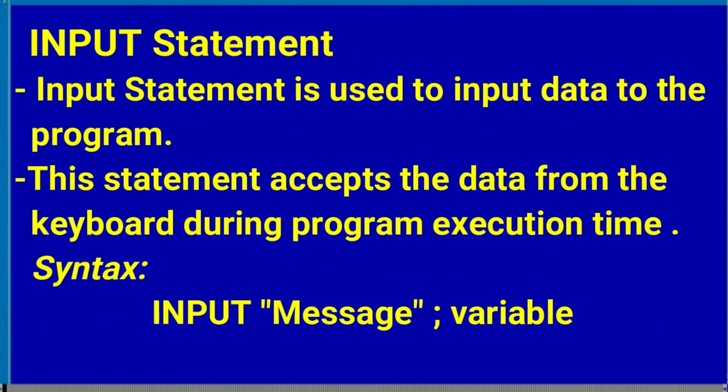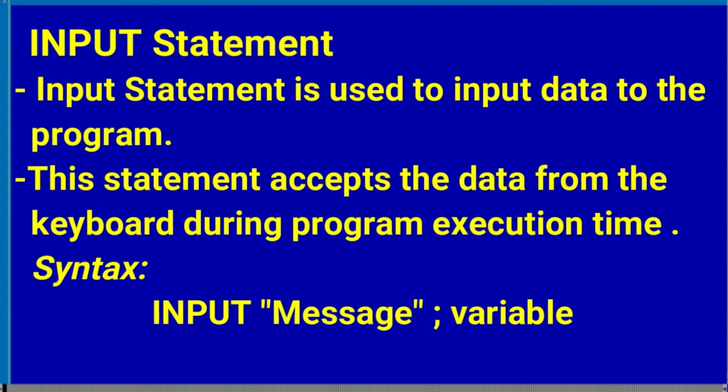Now let's discuss the input statement. The input statement is used to input data to the program. This statement accepts the data from the keyboard during program execution time. That means in our program, if there is no data given, in that case we have to assume any variable, just like A, B, C, D, to put that data.